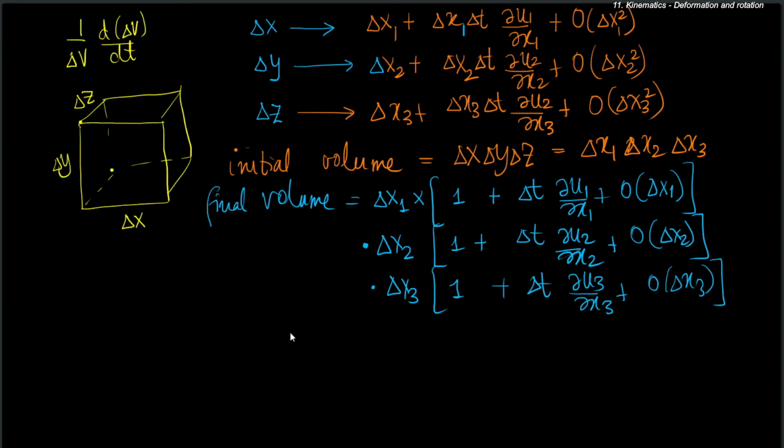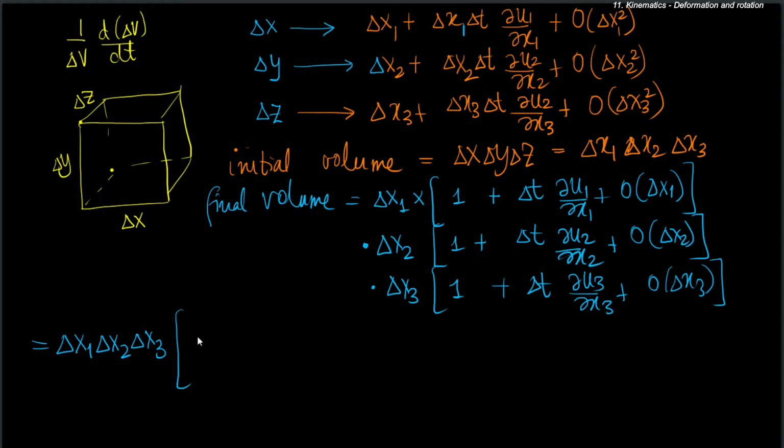So if you multiply all this, these terms remain as they are. Let me start over here. So it's delta x1, delta x2, delta x3. Now, 1 multiplied by this term multiplied by this term.